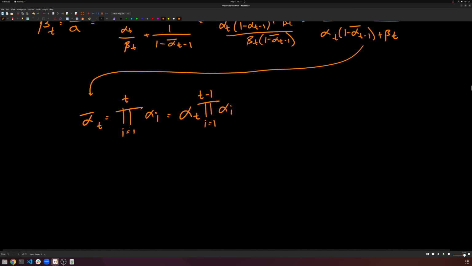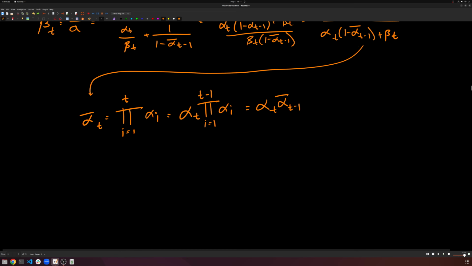That's fair game, because the product of all the alphas from 1 to t is the same as the product of all the alphas from 1 to t minus 1, multiplied by alpha t afterwards. So alpha t times alpha hat t minus 1 is just alpha hat t. It's just a notation thing.